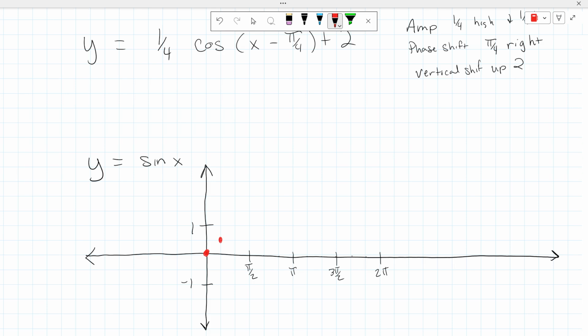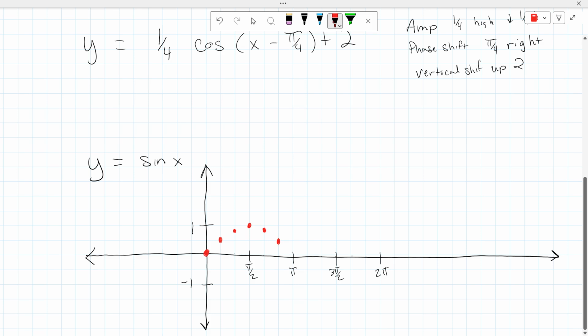It's square root of 3 over 2, which is 0.707. What's the sine at pi over 2? 1. What's the sine at 4 pi over 6, which is 2 pi over 3? Square root of 3 over 2, which is 0.707. What's the sine at 5 pi over 6? 1/2.